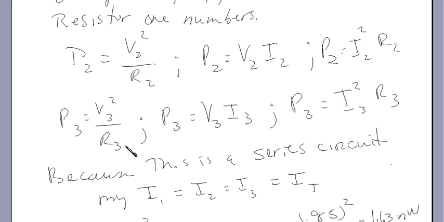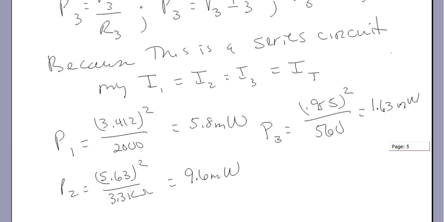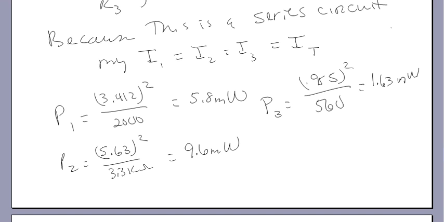P3 is V3 squared over R3, P3 is V3 times I3, and P3 is I3 squared times R3. Because this is a series circuit, my current values are all the same, meaning when I found my I1, my I2, my I3, they were all what my IT was, because there's only one current path.